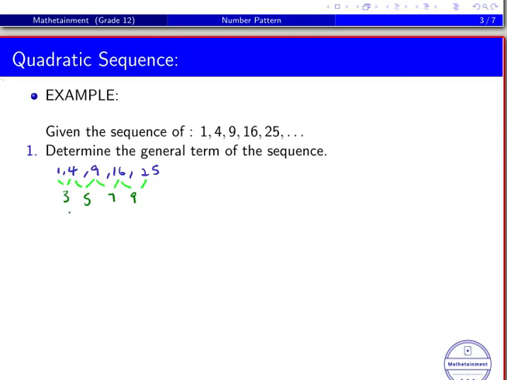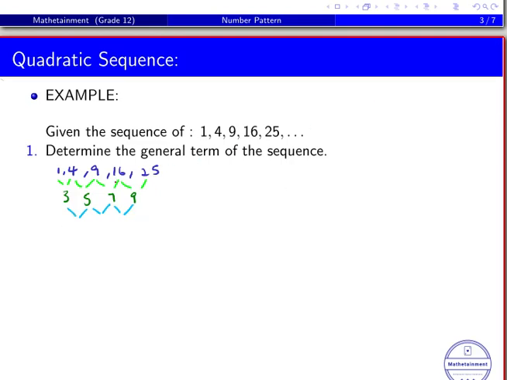You see, you have a sequence. This is not a common difference, but it is a sequence, meaning you have to continue with the working. Now you want to find T4 minus T3, T3 minus T2, T2 minus T1.